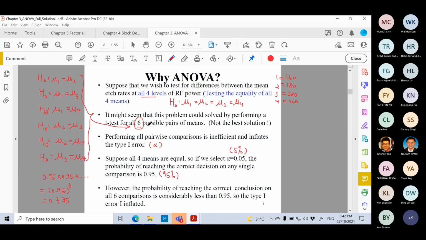If you do it separately, then your power, or your probability of making the correct decision, will drop. But in this test, they test all together, so therefore they can maintain it at 95%.